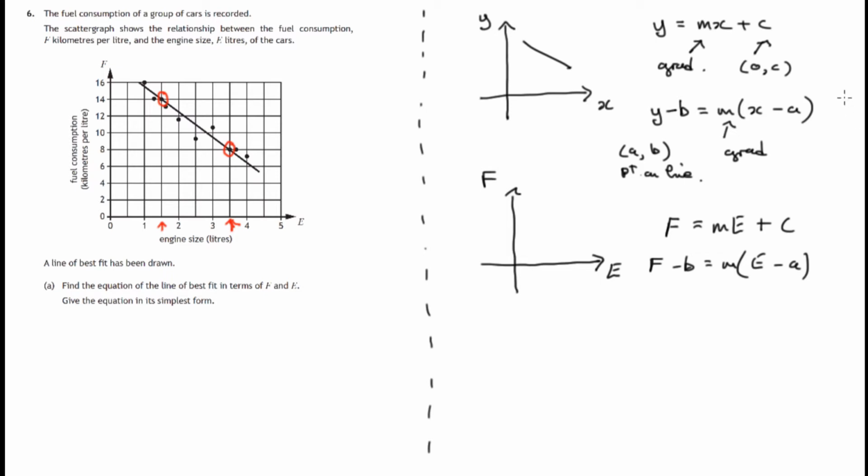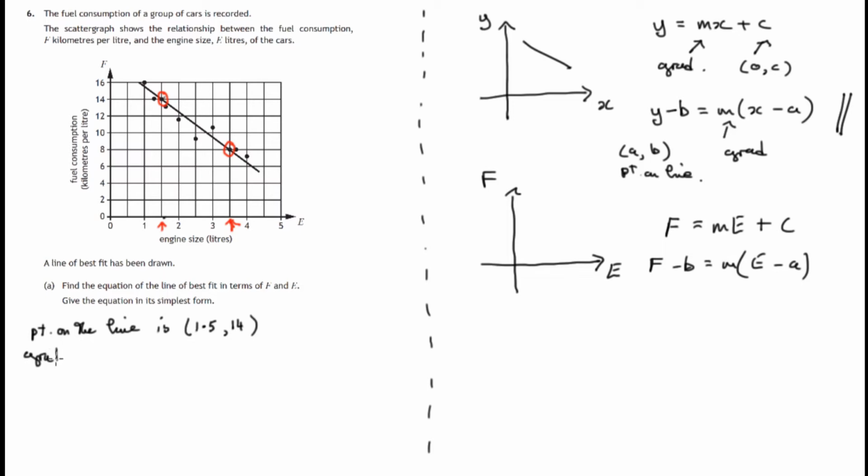So let's attempt to use this form of the equation. So what do we need? We need to know the gradient and we need to know a point on the line. First of all, a point on the line, that's the easiest one to give. Let's use this point here. We had 1.5 and 14.